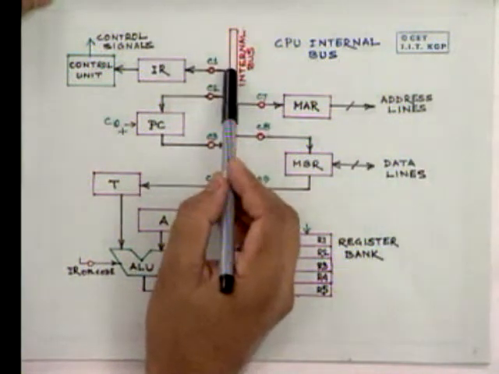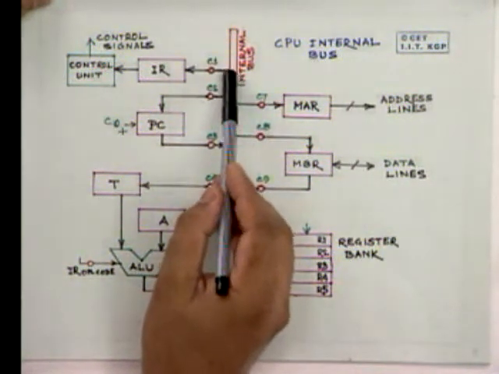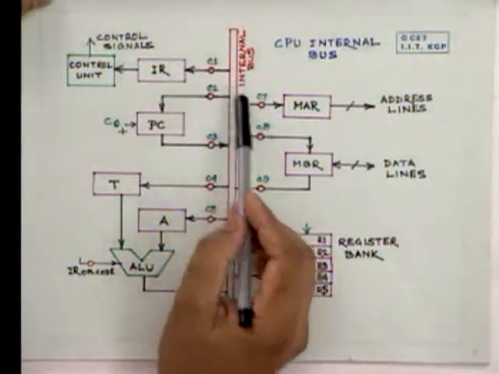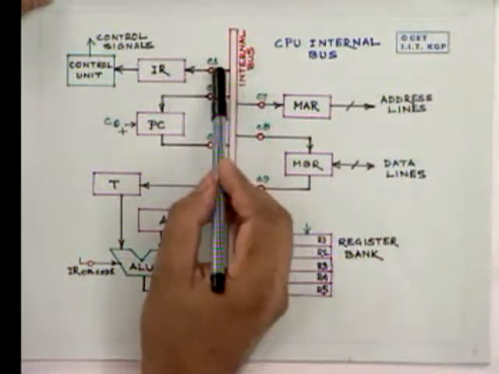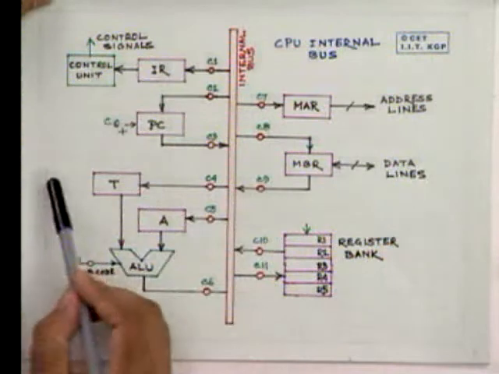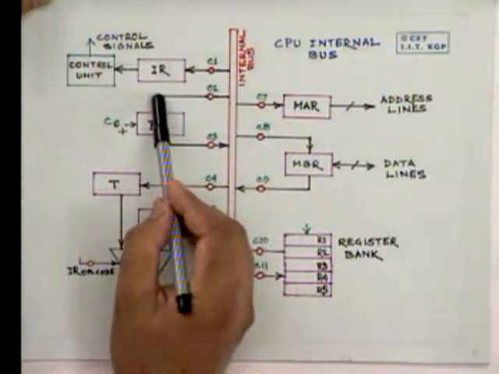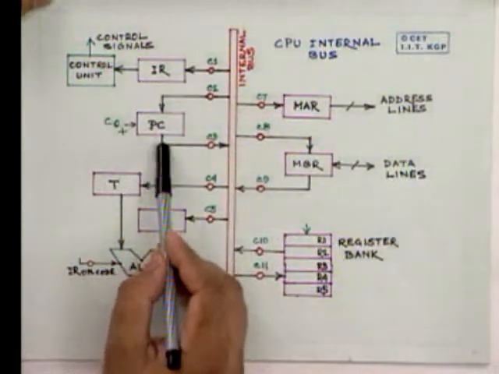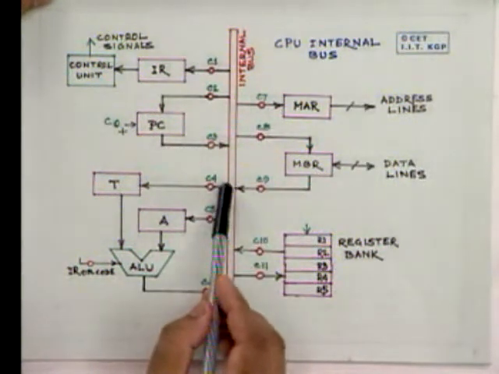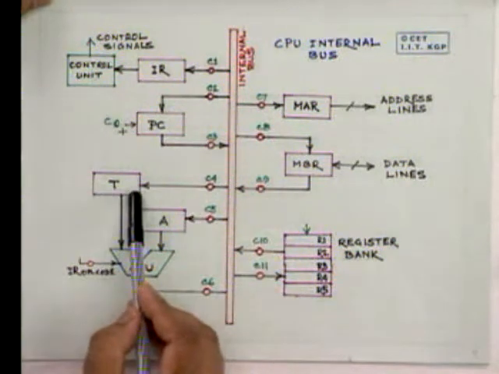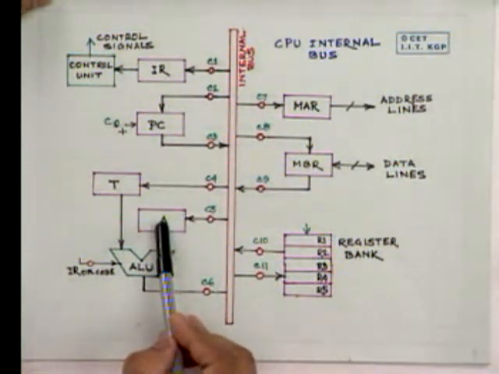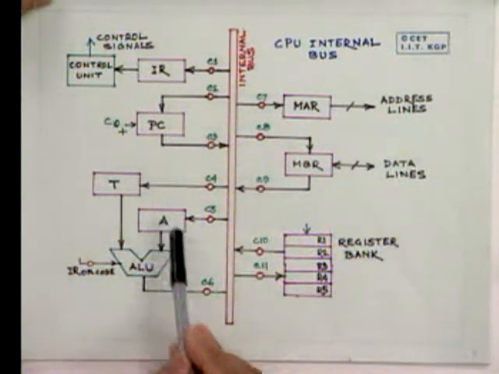That content, or the status of that internal bus, which is essentially containing data, can be channeled into the instruction register. It can be channeled into the program counter, or the content of the program counter can also come into the internal bus. It can be channeled into a temporary register, say T, or a register A, which can be used as an accumulator if one wants.